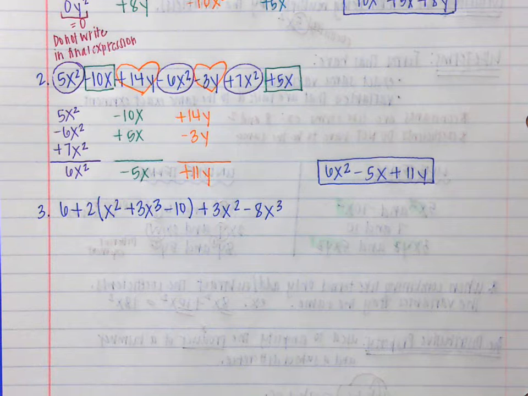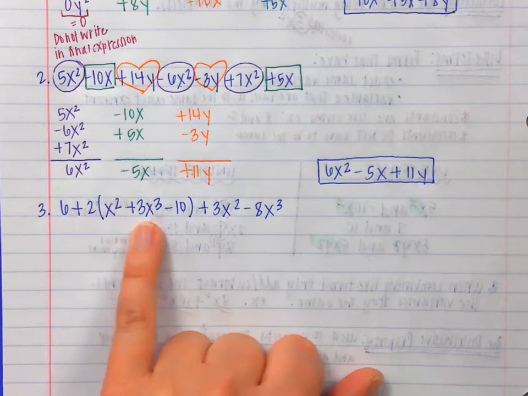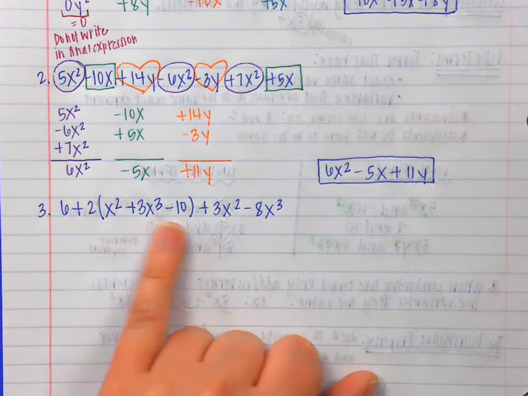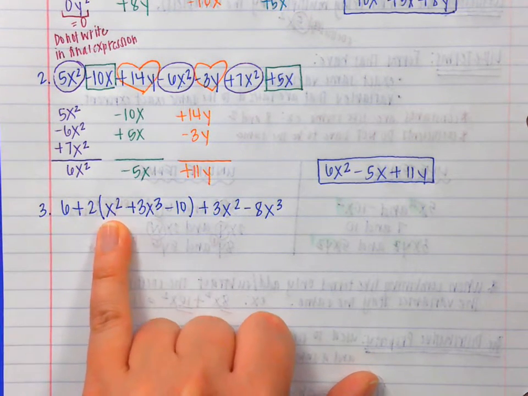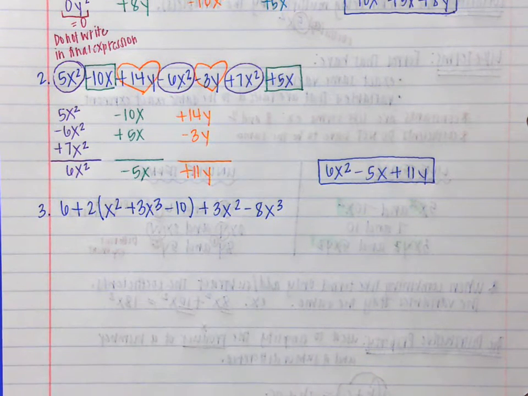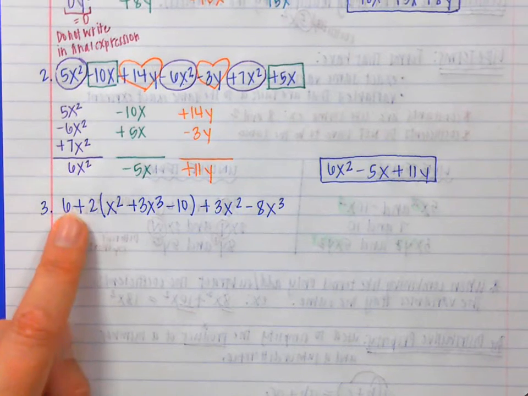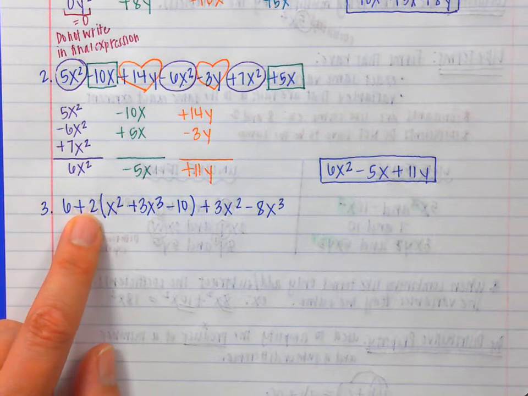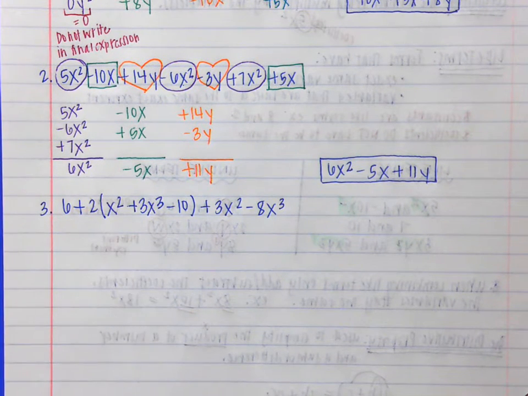So the first thing we want to do, we're going back to GEMDAS, thinking back to order of operations. The first thing we do is look at the grouping symbols. There's nothing I can simplify in here. There are no like terms between x squared, x cubed, and -10. So my next step would be to multiply. Now, a lot of you are going to want to add these first, 6 plus 2, but that would be incorrect.